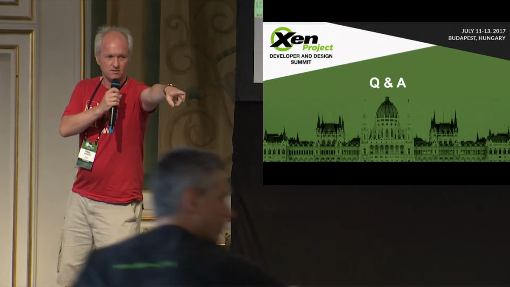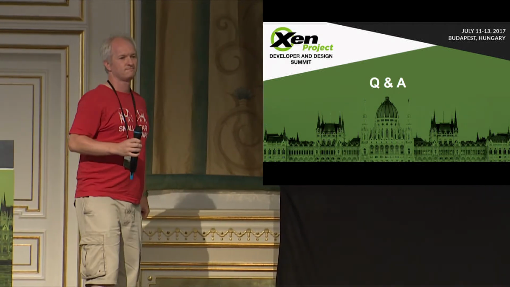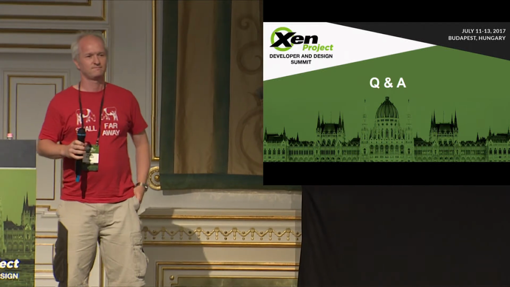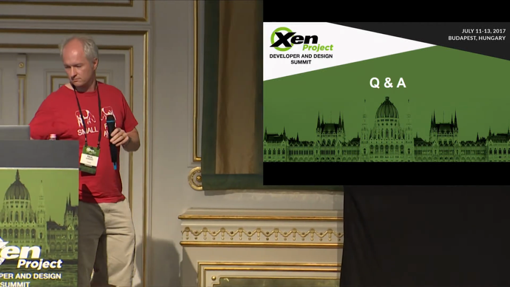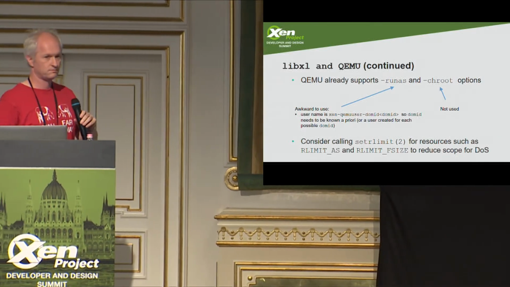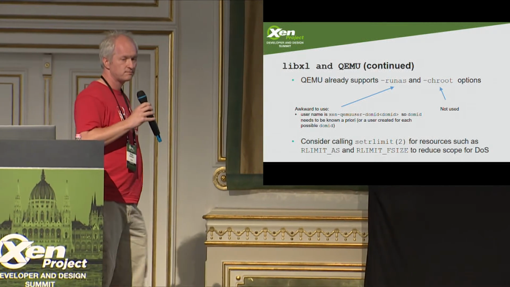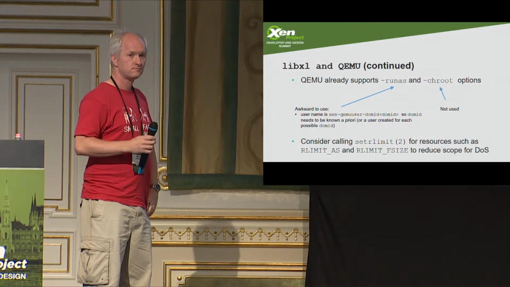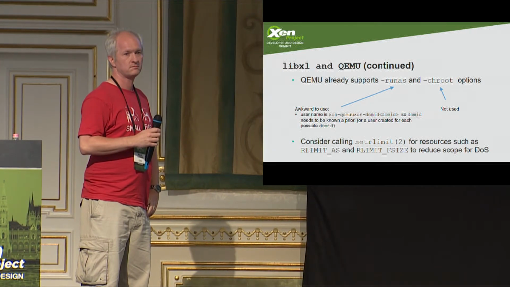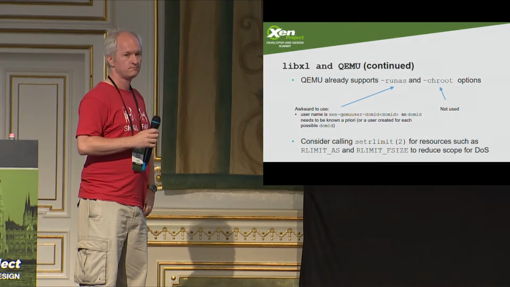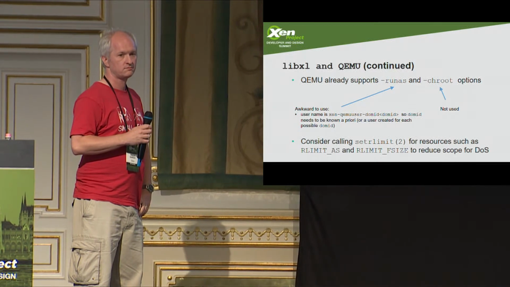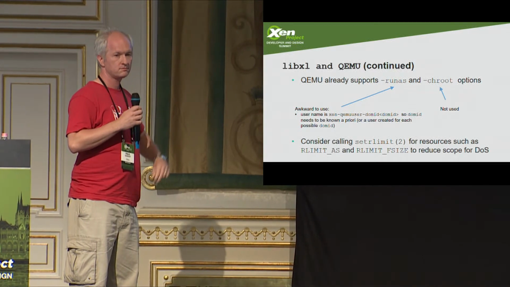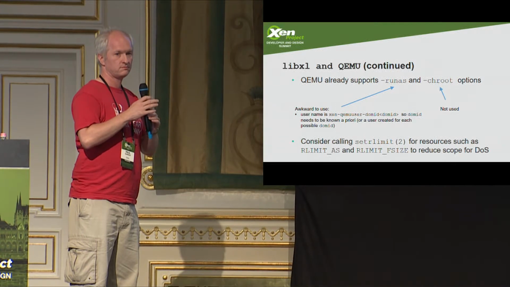Yeah. So just a small point. You mentioned this QEMU runas option and maybe the need to create a user. One of the things that we thought of some months ago was if you could reserve a UID range, you can add the DOMID.